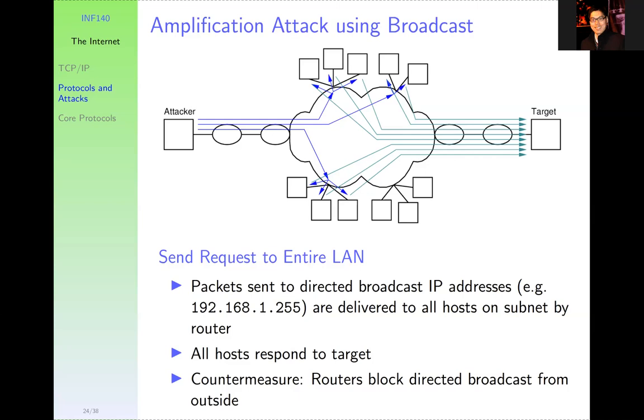It means if the network has many nodes, many devices inside, each of these devices would respond to this ping request and send the response to the target. Then you see the bandwidth of the attacker is much smaller than the bandwidth usage of the target. In some cases, the target bandwidth could be overwhelmed and exhausted by this amplification attack, by broadcasting.